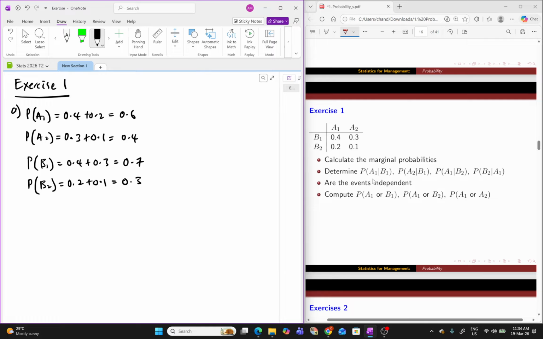Next is determine the conditional probability.